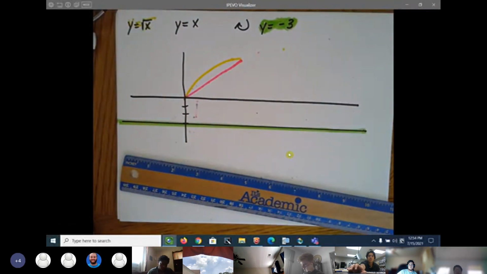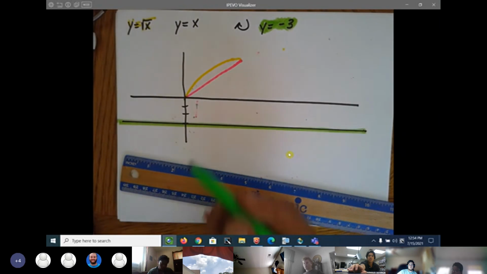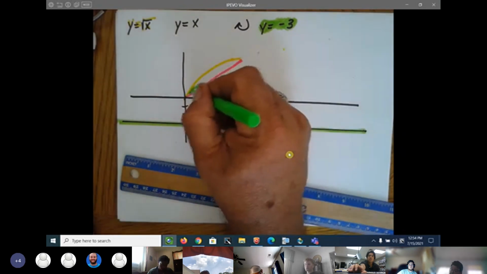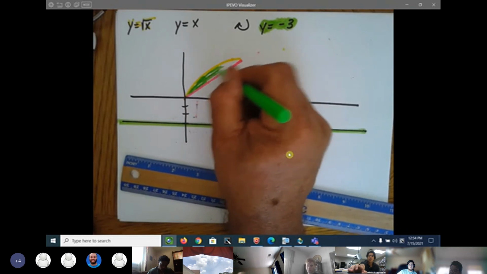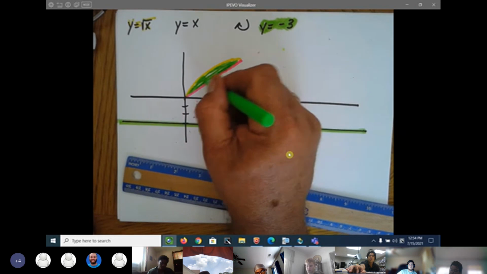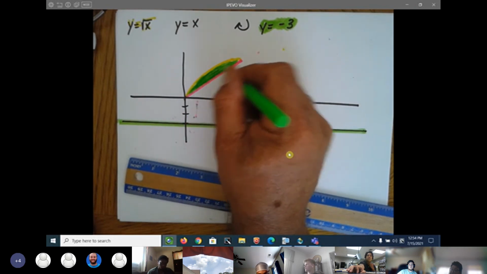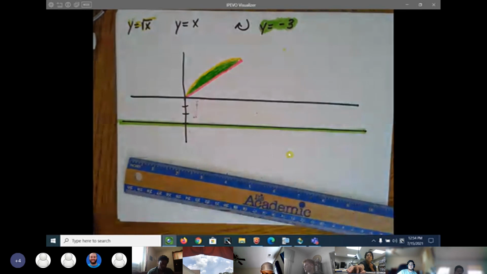So we still got that going on. Trying not to overlap with the colors. I'm trying to be good coloring boy. There we go. And we still got 0 to 1.